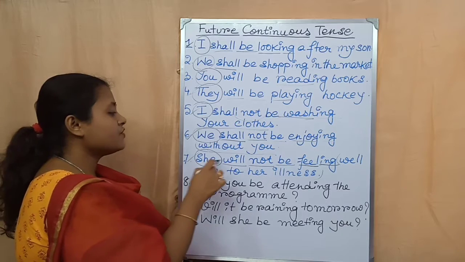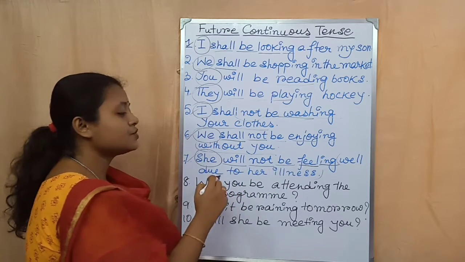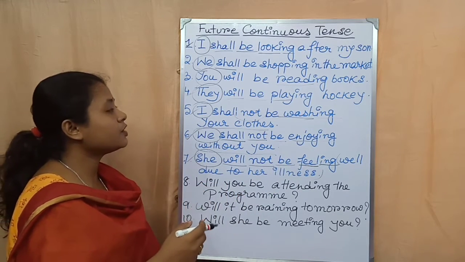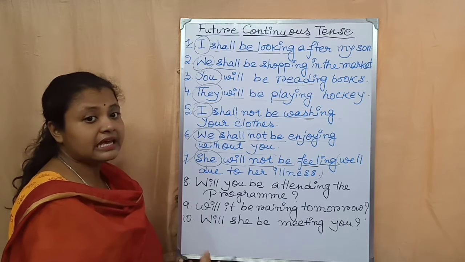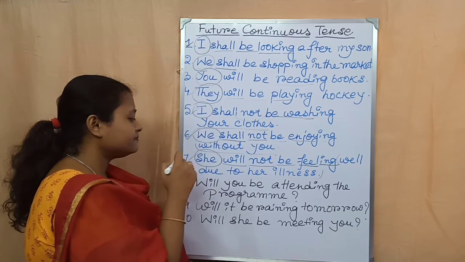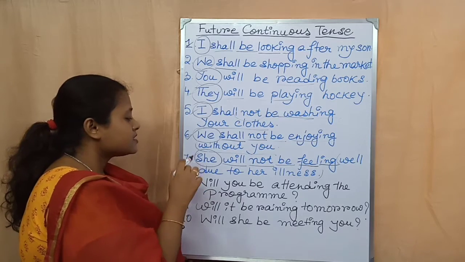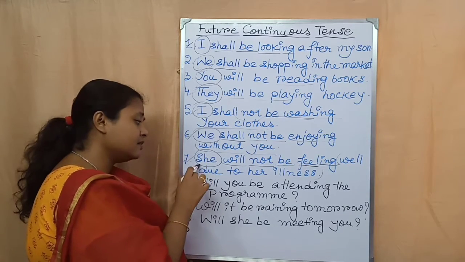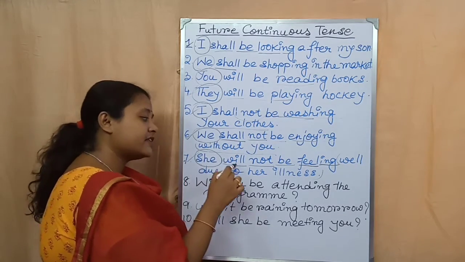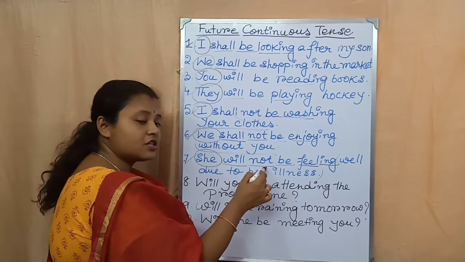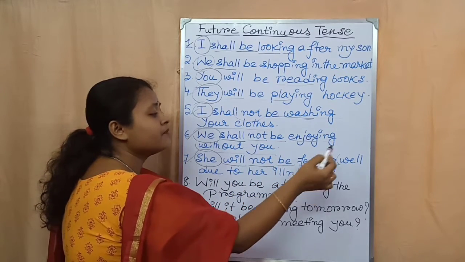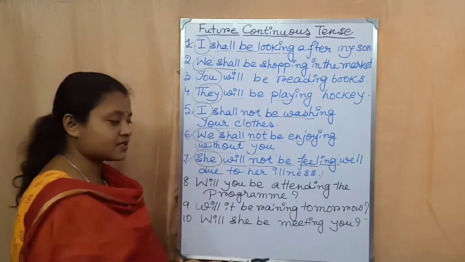Okay. So she will not be feeling well due to her illness. This is an example of future continuous tense in negative sentence. She, it is the third person, singular number. After that I have used will, then not, then be, then the verb plus ing, then the rest of the sentence.